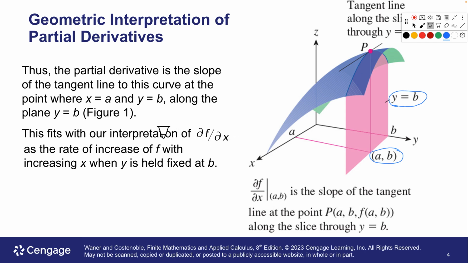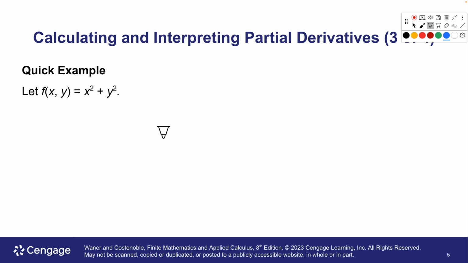So that's sort of our setup. Let's take an example. We've got this function, x squared plus y squared. If we take the partial derivative with respect to x, we're going to take the derivative of x squared: 2 comes down, subtract 1 from the exponent, we get x to the first power.